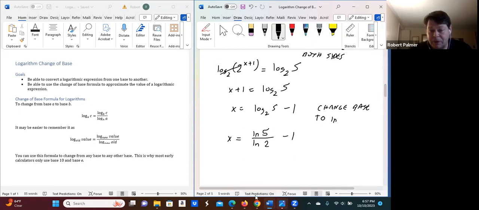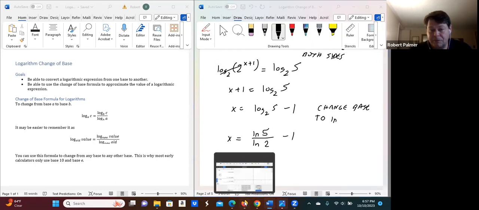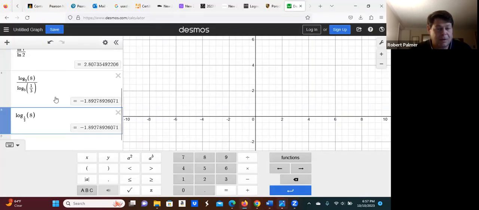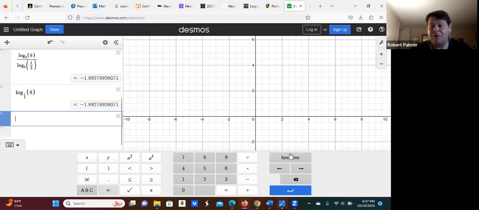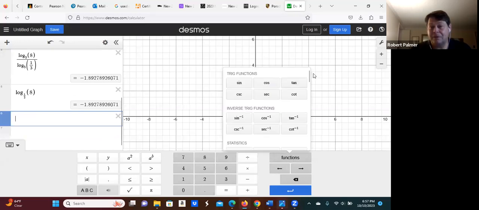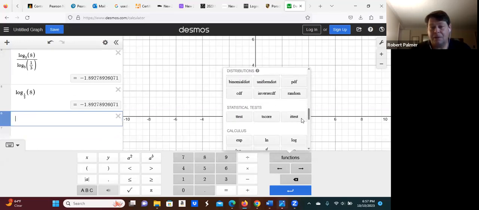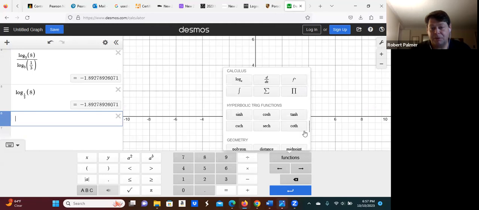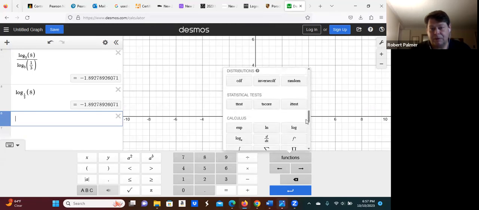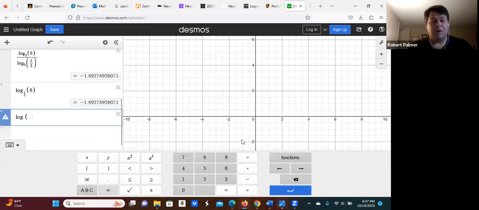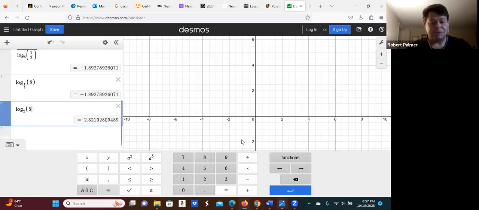Let's go back and take a quick look on Desmos. So let's go down here and do another calculation. So first off, let's do the value as originally shown. There it is. So log base 2 of 5, then minus 1.